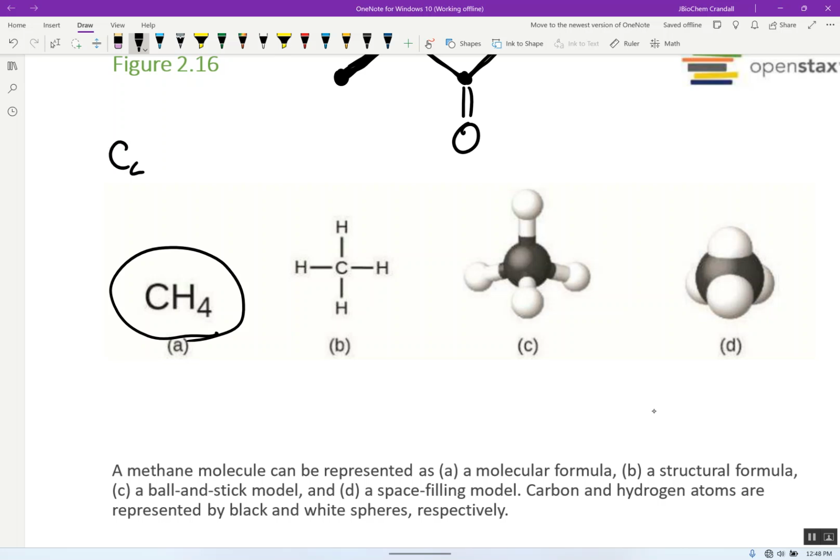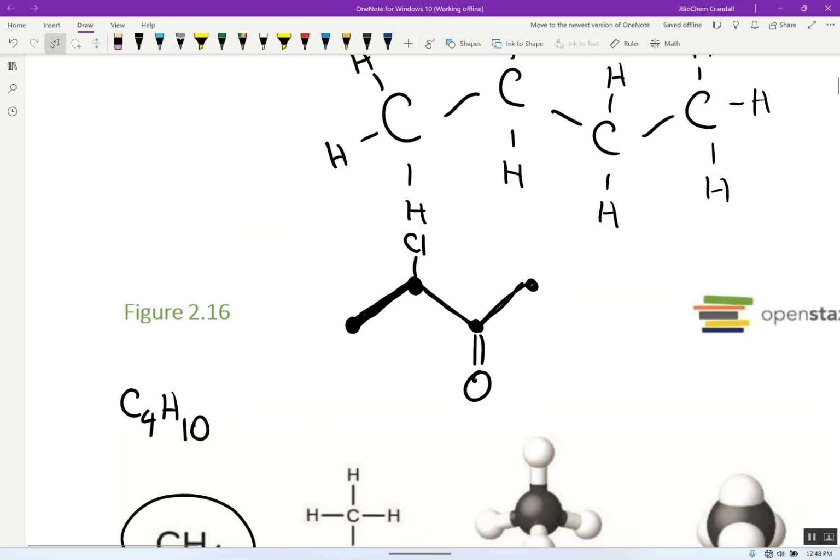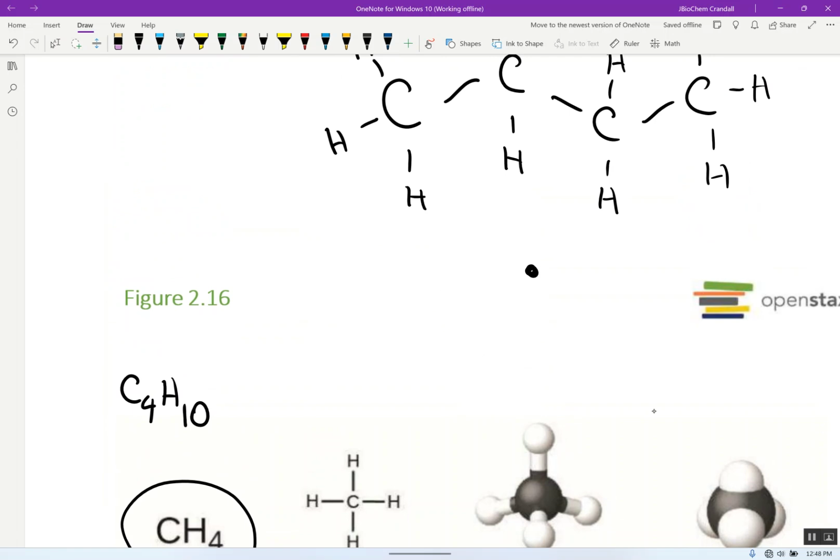For example, C4H10. Four carbons. And we saw that one of those structures right here, butane. But I could have also drawn it like this. Okay?